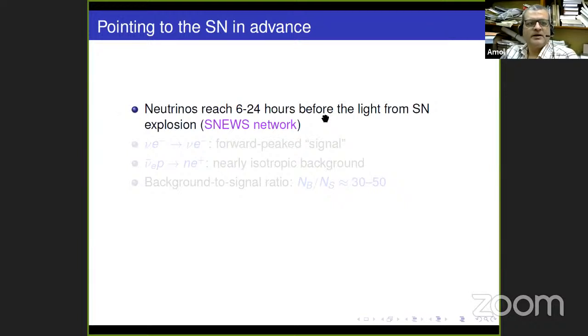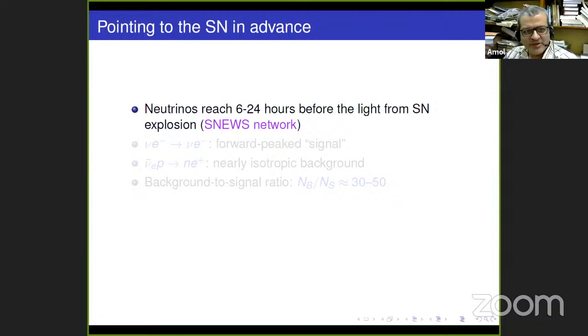So let us say different physics issues which we can learn when we observe this. Okay. The first thing, which has been mentioned quite a few times this week, is that the neutrinos from a supernova actually arrive at the Earth about 6 to 24 hours before the light. Now, why does this happen? Clearly not because neutrinos travel faster than light, they do not, but simply because they start earlier.